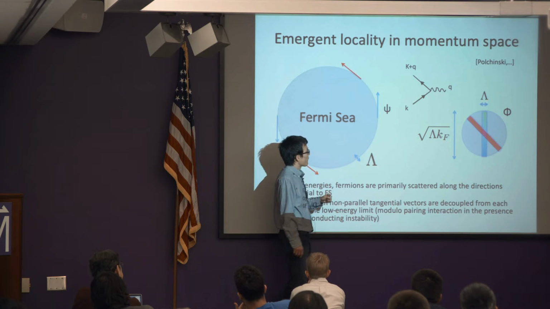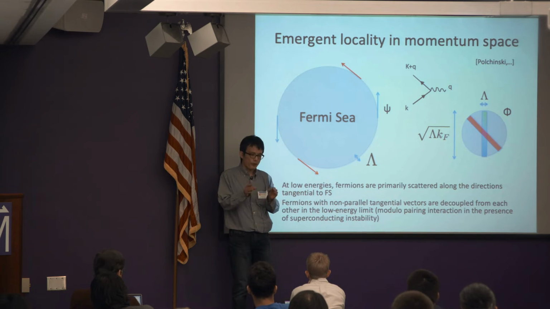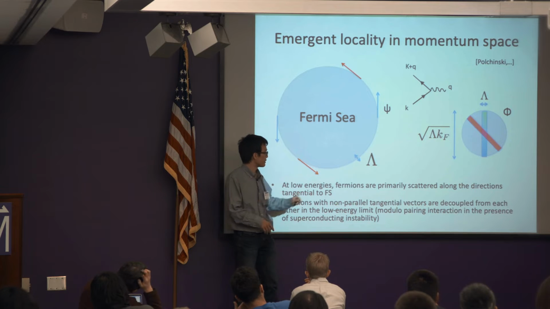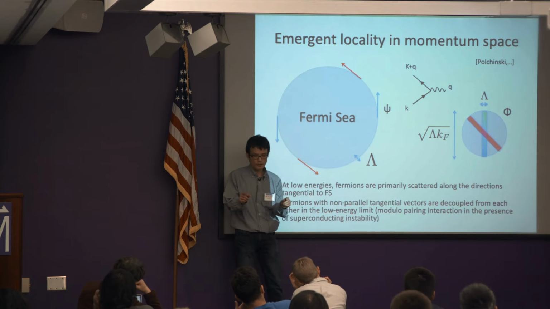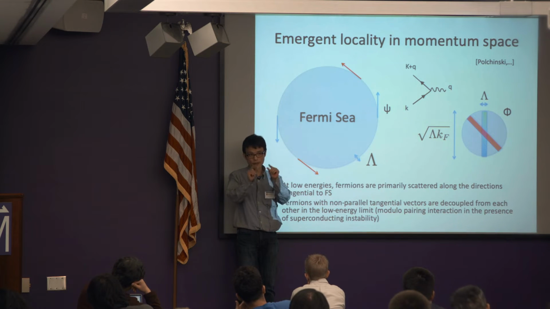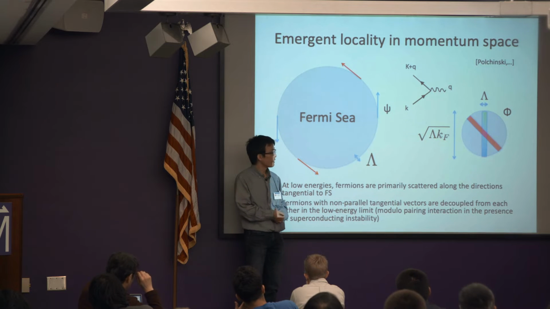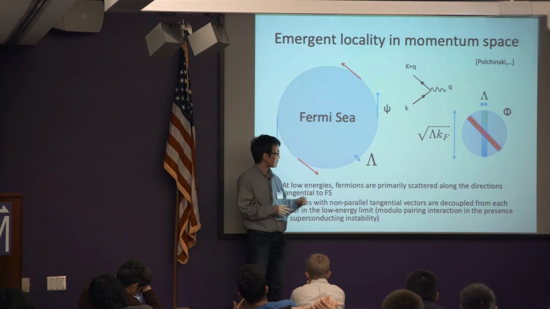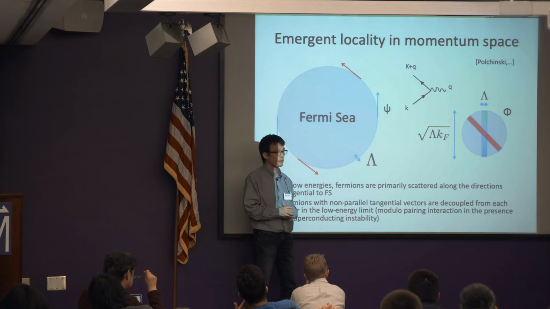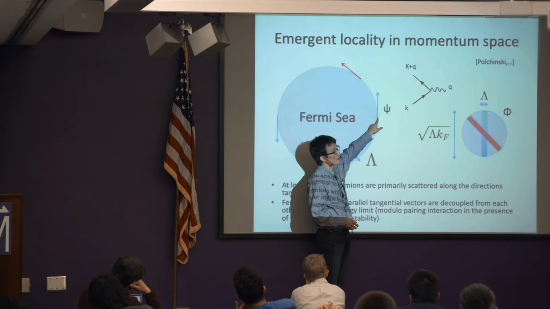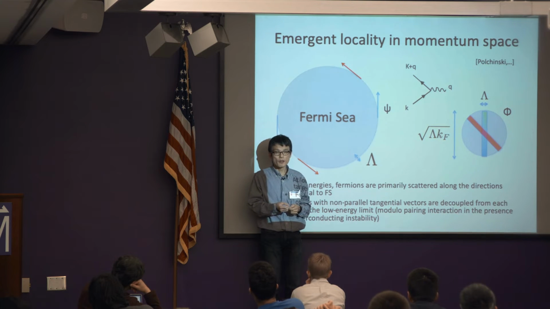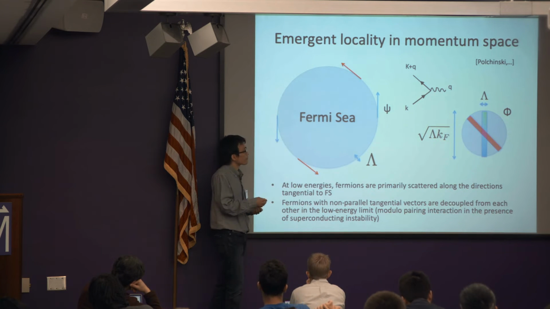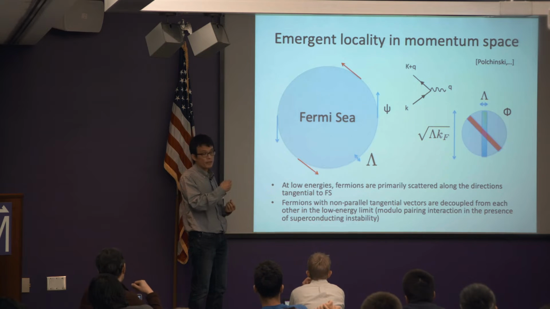Suppose I am focusing on very low energy. Let's impose some energy cutoff lambda, which is much, much smaller than the Fermi energy. Then low energy electrons are mainly located within a thin shell near the Fermi surface, right? Suppose I have some electron here, and I want to know the bosonic modes that can couple with this low energy fermion.